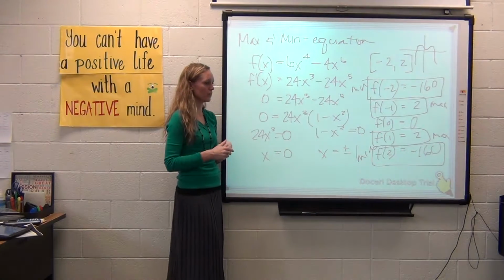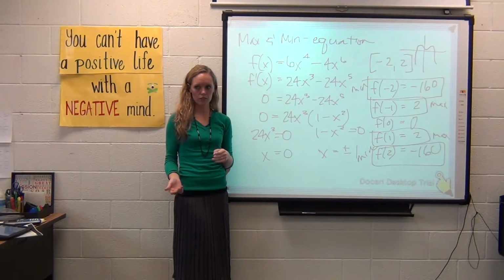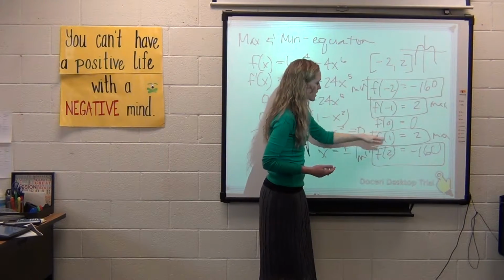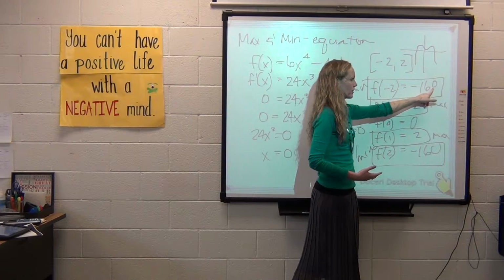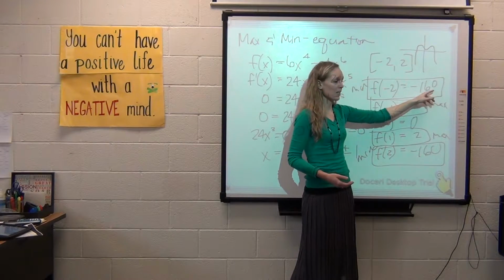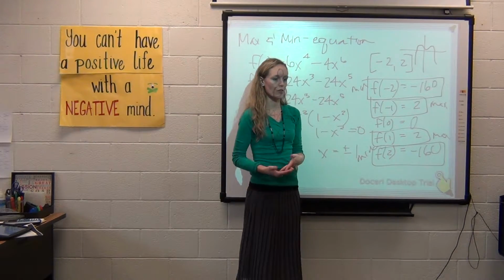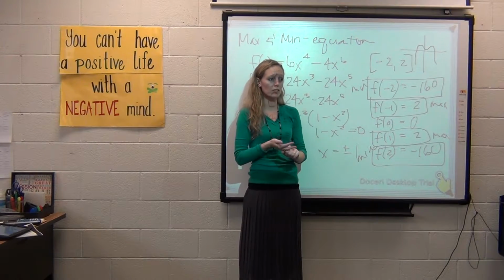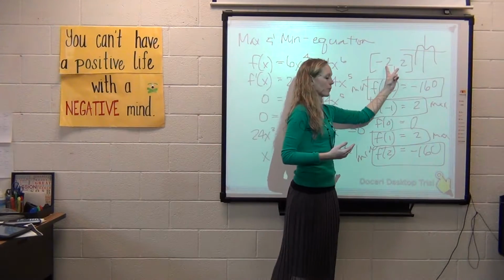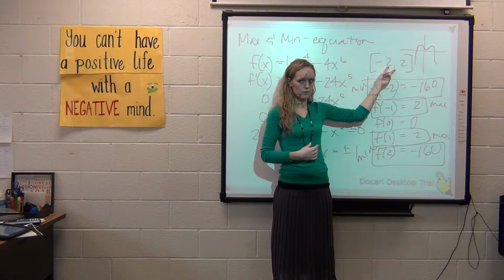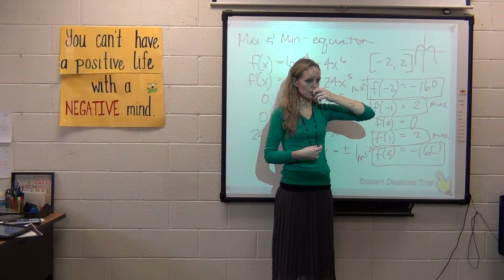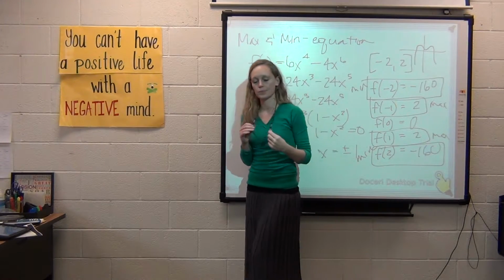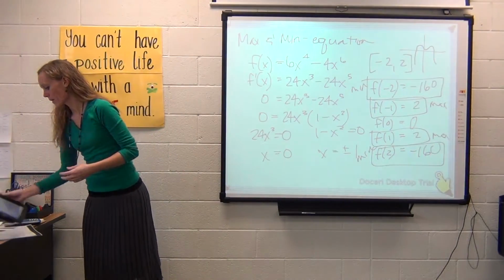The absolute minimum is the absolute lowest it ever goes. If I'm looking at all of these points on a closed interval, the absolute lowest it's ever going to go is negative 160, because I've tested the only points that matter. The only points that matter for maxes and mins are critical numbers and endpoints on an interval. To find local maxes and mins, is that where you put the number on the number line? Yes, that's what we're going to do right now.